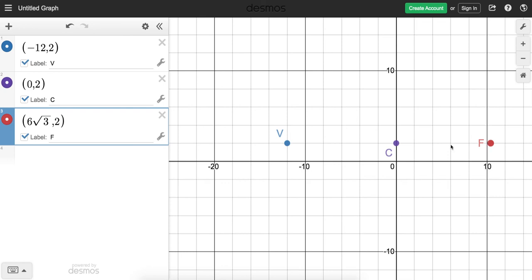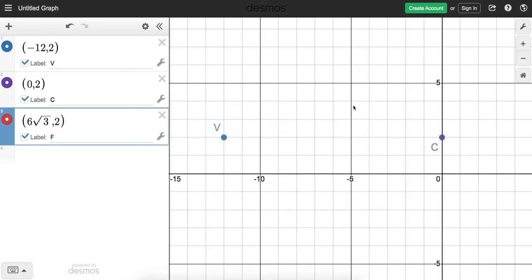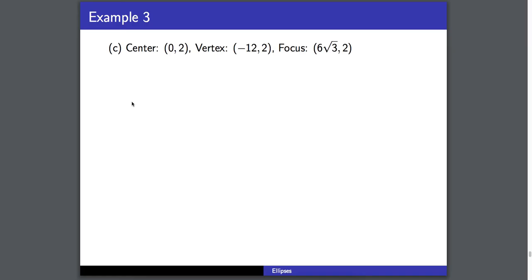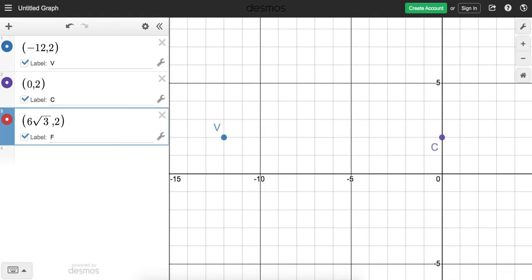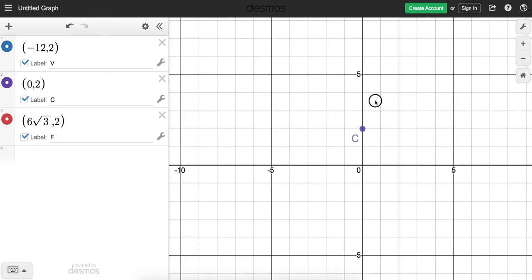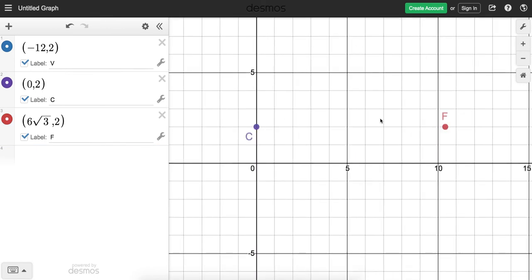Now, again, we do have another focus point on the other side of the center. However, let's start by finding the value of a, which is the distance from the center to the vertex here. In this case, we're going to have a length of 12. So for this one, we have a is plus or minus 12 going either direction, which makes a squared equal to 144.